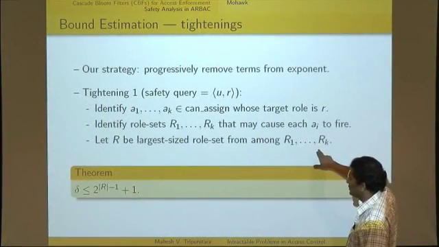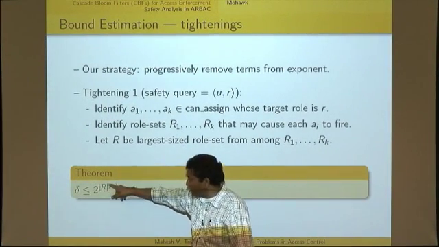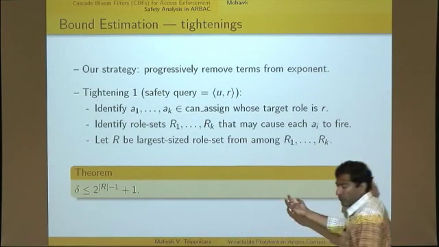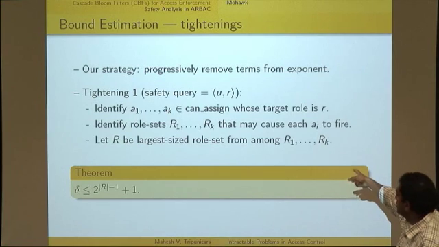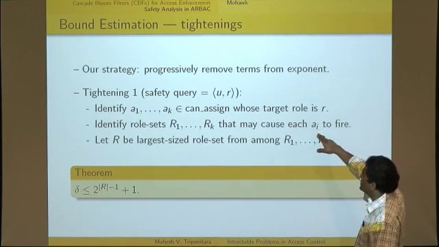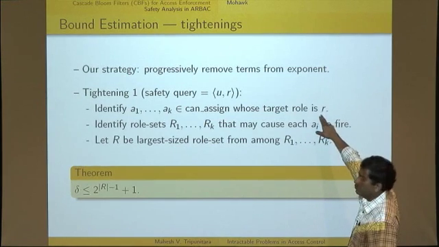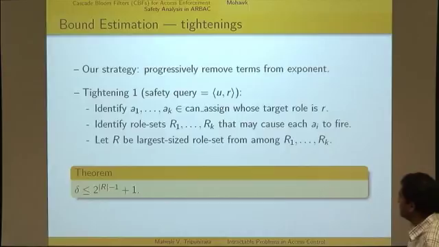And then we pick the largest size subset among those, and we can replace the set of roles that we started with, which is from the policy, with this one. Why? Well, basically, we know that one of them fires and causes the user to become a member of R. That's it. And we need at most one.